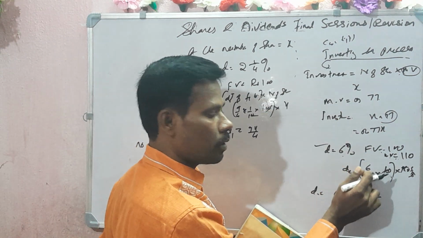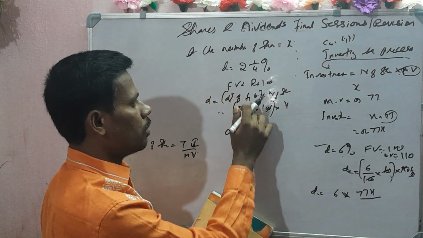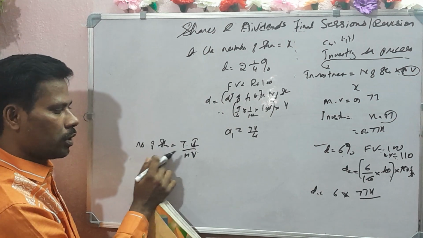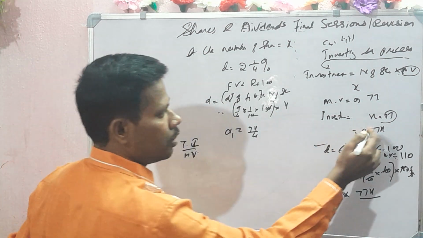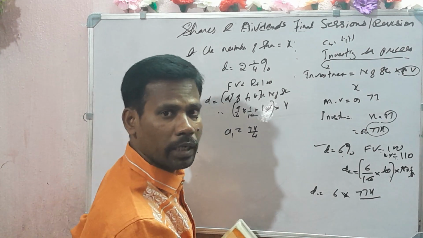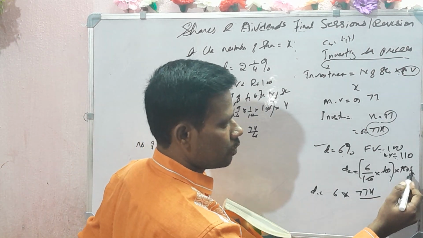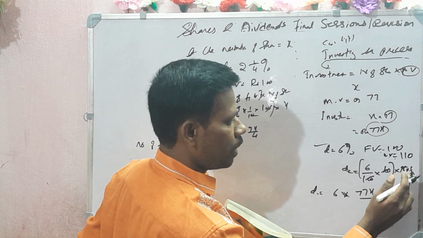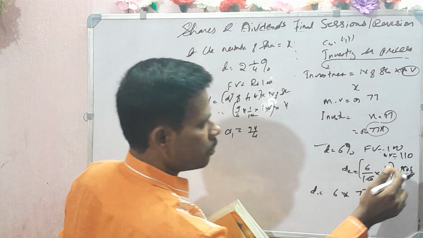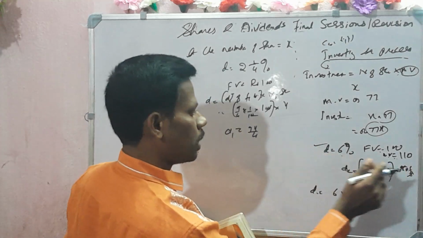Now the dividend percentage. What is the formula? Dividend percentage of face value into number of shares. How will you get number of shares? It is equal to total investment by market value. Total investment is 77x by market value. What is the market value? Market value is 110.